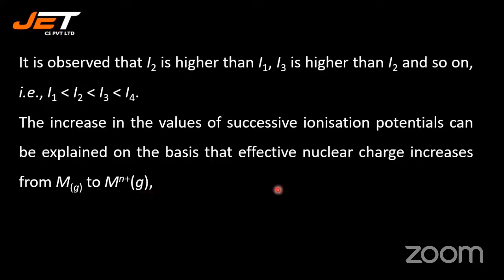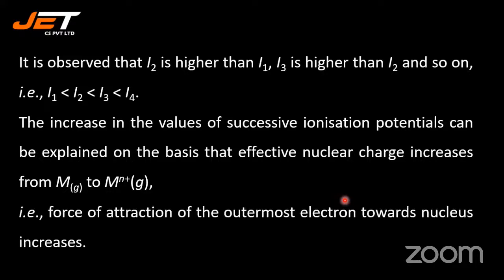Like this is the outermost shell, this is another shell, this is another shell, and this is the nucleus. Suppose you have removed one electron from the outermost shell. Then you are removing an electron from the second shell. Now it is closer to the nucleus because it has greater Z star. So the force of attraction on the outermost electron towards the nucleus increases.